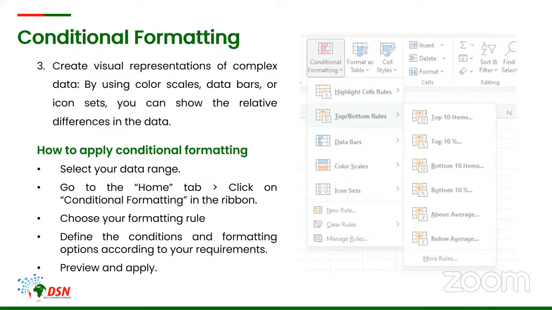So let me say I have names of places, and I can use conditional formatting to say in this column, put a map icon before the name of the place. So I can visually represent my data so that anybody looking at it will know that if I say London, then I mean London as a place.